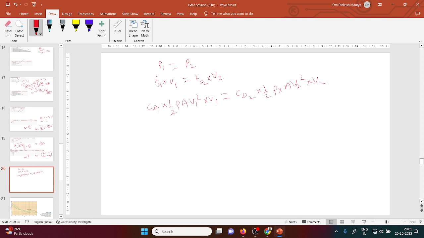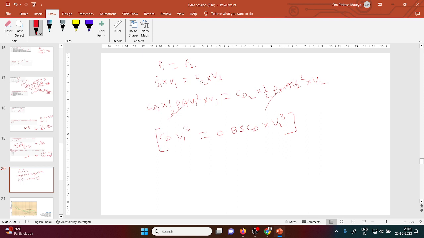Everything is constant, so this cancels and this cancels. Instead of FD, we write FD1 into V1 equal to FD2 into V2.